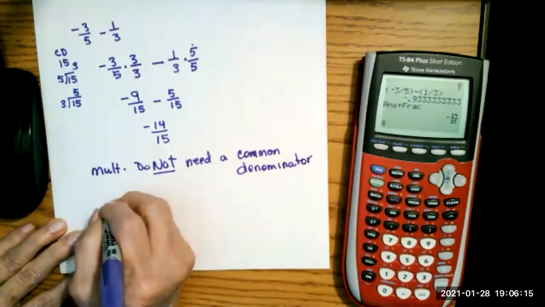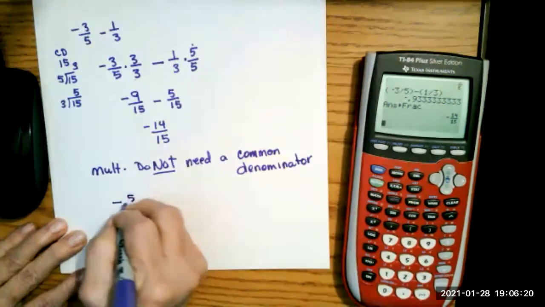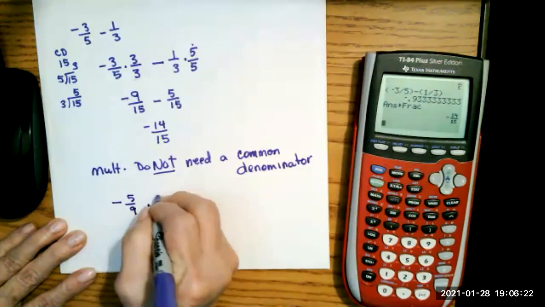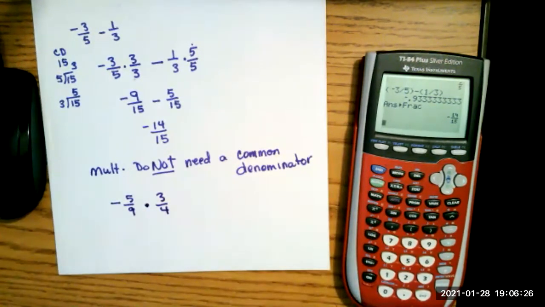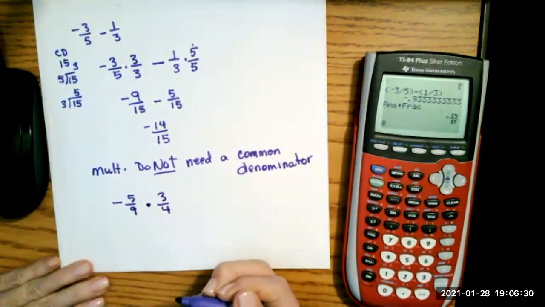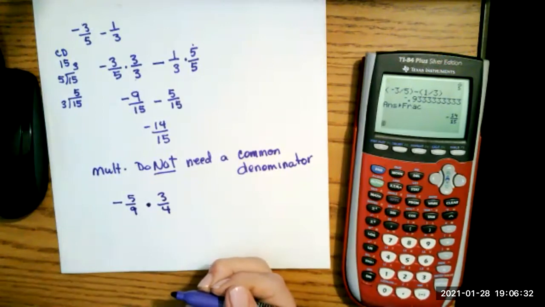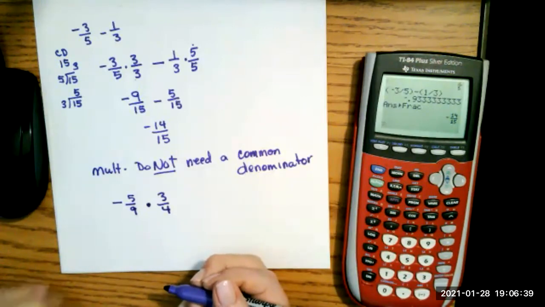So if I have negative 5/9 times 3/4, that little dot means times. And again, we don't use the X like you do in grade school for times, because we use X to represent a variable in our equation so much, so we don't usually do that between two fractions here.